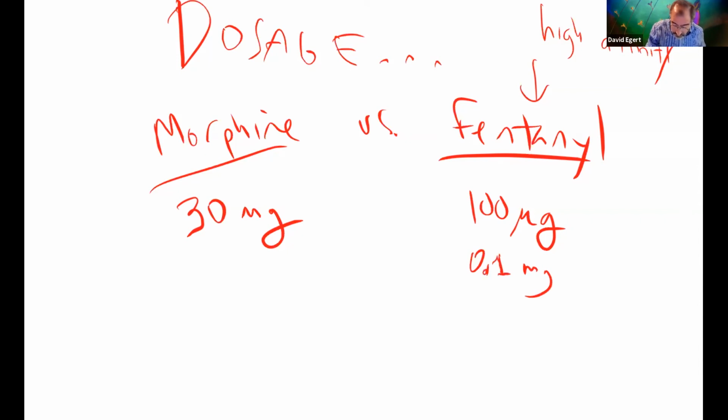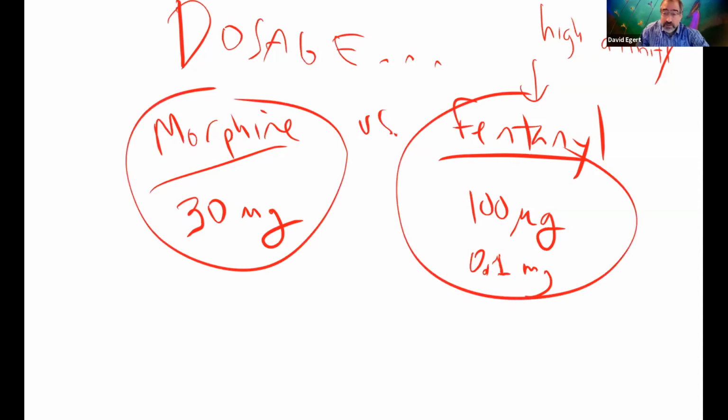So this is 1/300th the dose we have for the morphine. It's a huge difference in how much you actually need to be effective in the body, because fentanyl is so much better at holding on to the opioid receptor and keeping it activated.